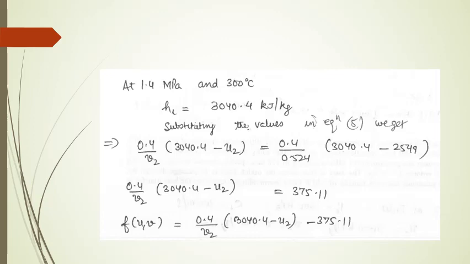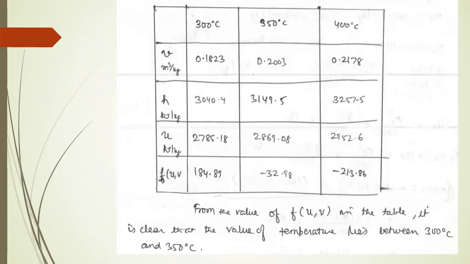So 0.4 upon V2 into (3040.4 minus U2) minus 375.11. So now we are having two variables and only one equation. Because we are having two variables and one equation, the only alternative left is that we have to go for hit and trial method.